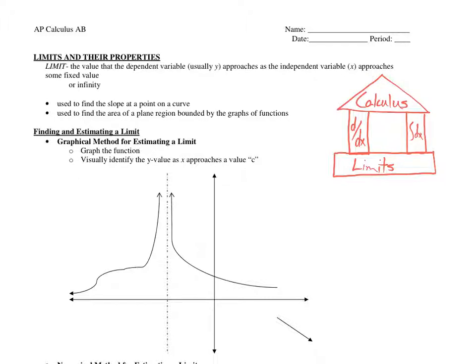One of the difficult things mathematicians had to face, and particularly Sir Isaac Newton and Gottfried Wilhelm von Leibniz, they were two mathematicians who lived about the same time, and they both discovered various elements of calculus somewhat simultaneously.